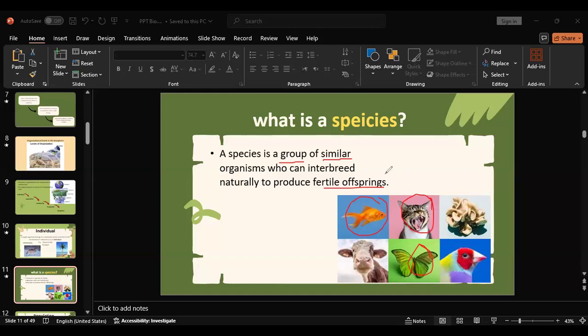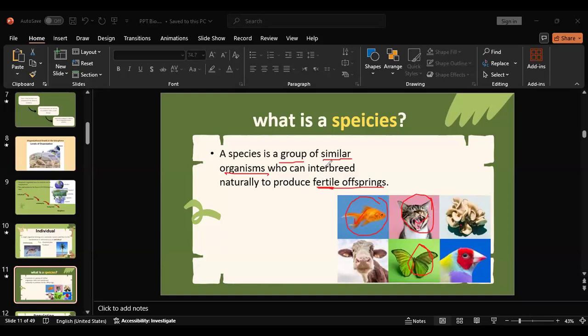Here in this picture, how many species can you see? Six. This is one species, here another one. So altogether you can see six species. So species means a group of similar organisms who can interbreed naturally to produce fertile offspring. Here, what does fertile mean?